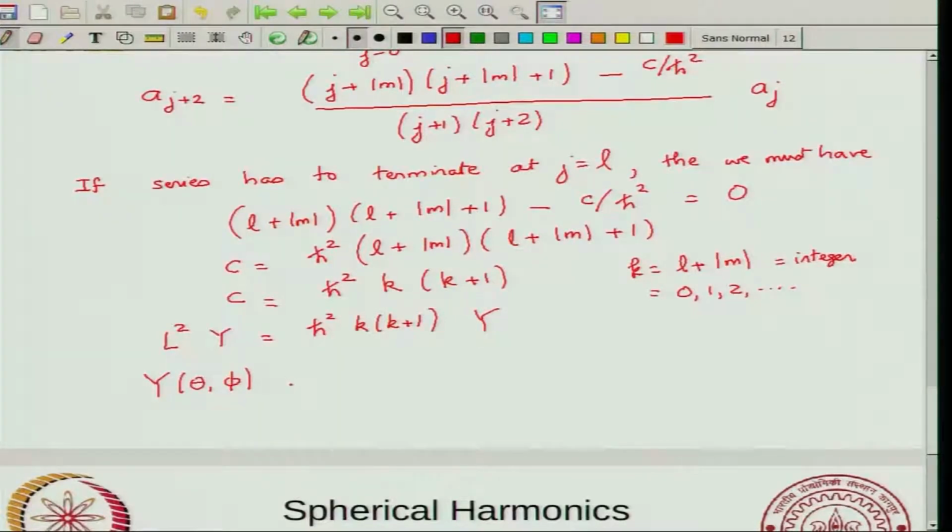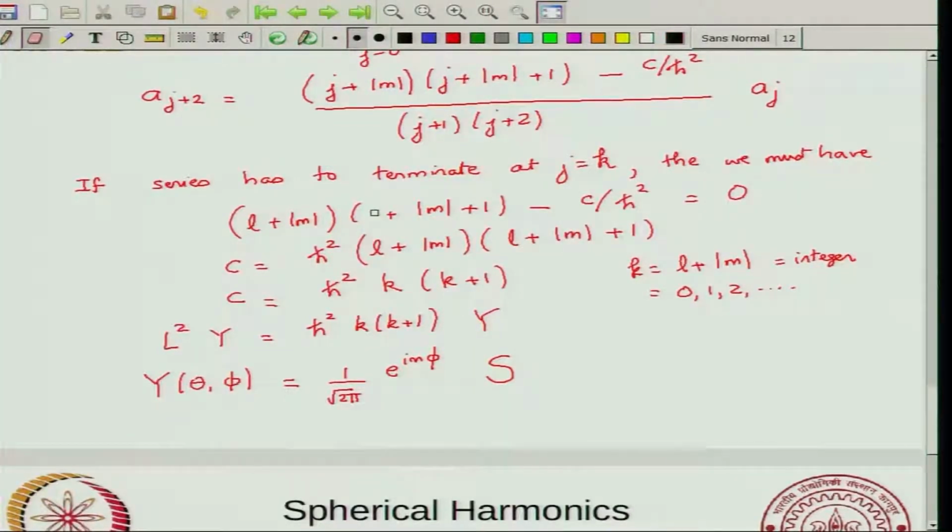I can write it as 1 by root 2 pi e to the i m phi, times something that is S. Now S is a function of theta, but it depends on these two quantum numbers. I would just like to make a small change of notation. Let me call this place where the series terminates as k.